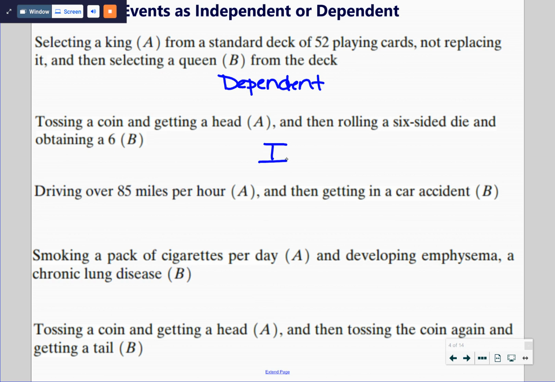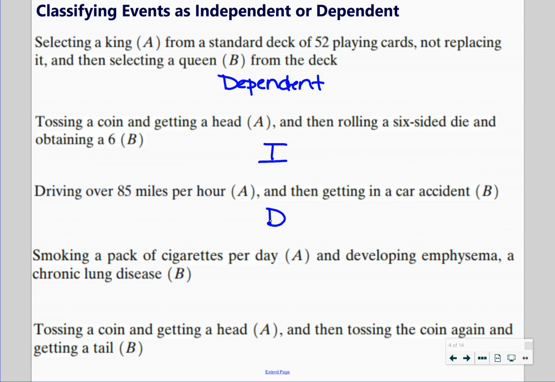Driving over 85 miles per hour and then getting in a car accident. Would one happening affect the probability of the other? Yes. Okay, it doesn't mean it's for certain going to happen, but the faster you drive, the higher the probability that you're going to get in an accident. So because that probability changes, we label it as dependent.